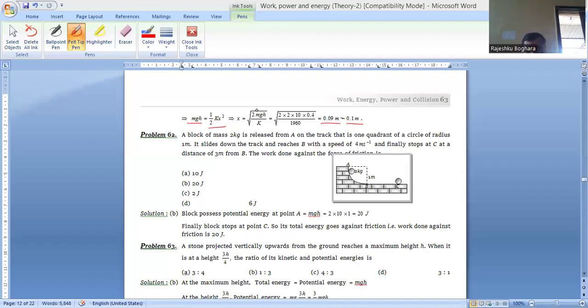Now, next point, power. Here, mechanical energy is complete. Now here we take power.